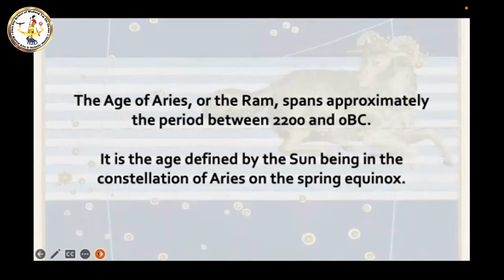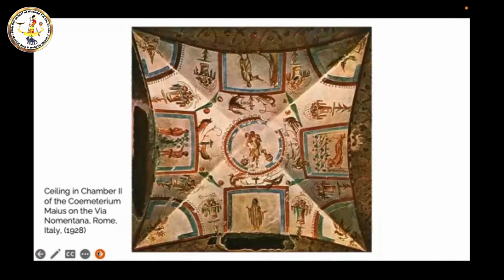Then we have the ushering of the next age. So the shoulders in this case represent a constellation, an age. And the age of the ram, which is the constellation of the ram, represents the head itself.